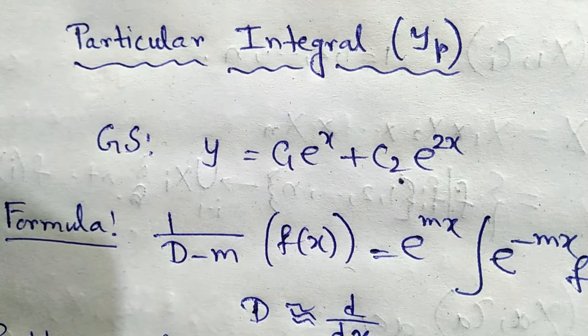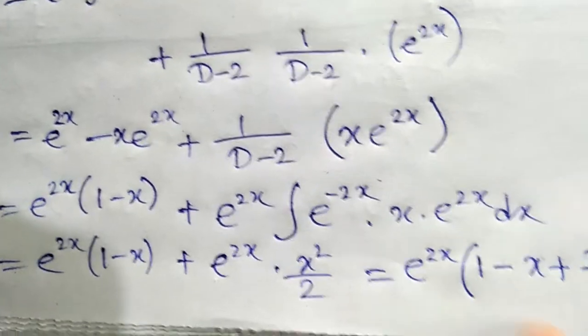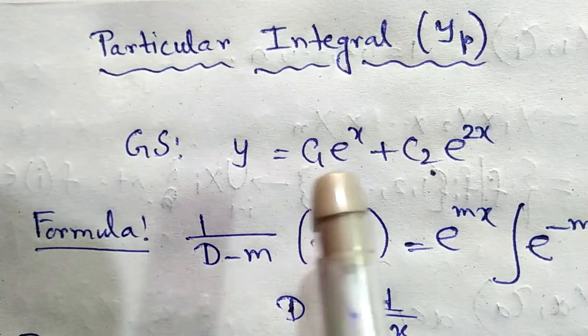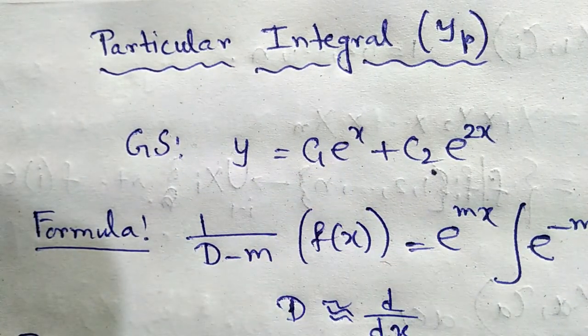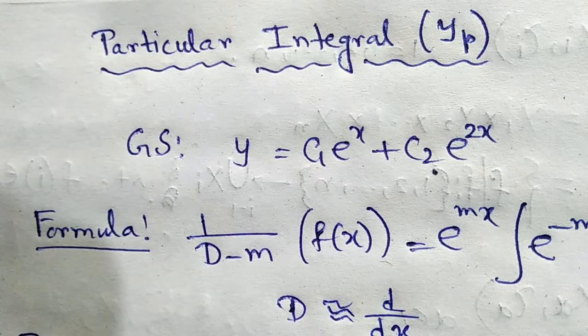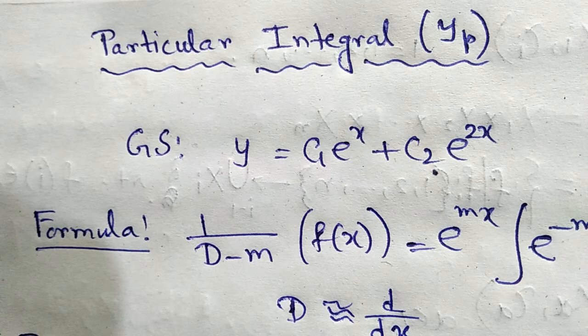Now in case of particular integral, we can see that there is no arbitrary constant. So in case of particular integral, the value of each arbitrary constant is 0, right? So corresponding to each particular value of arbitrary constant, we get a particular solution.